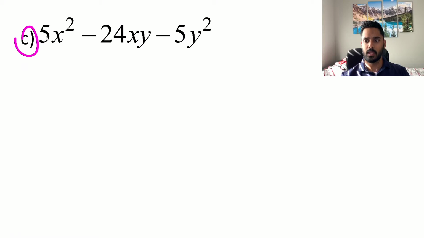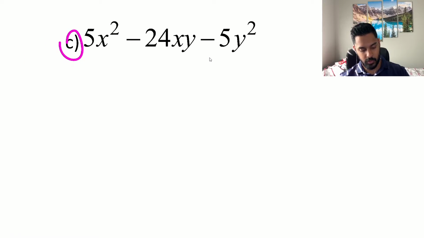Now, if there's a y and an x in your expression, you're going to treat one of those variables like it's part of the constant. We're always going to leave x as the variable that we want. So we're going to take y to be part of the constant.